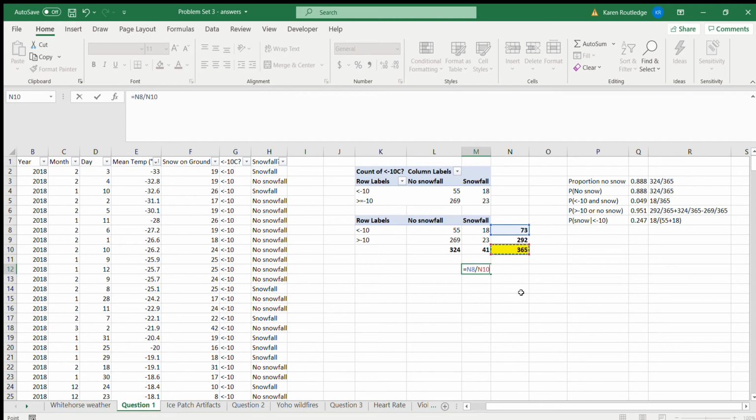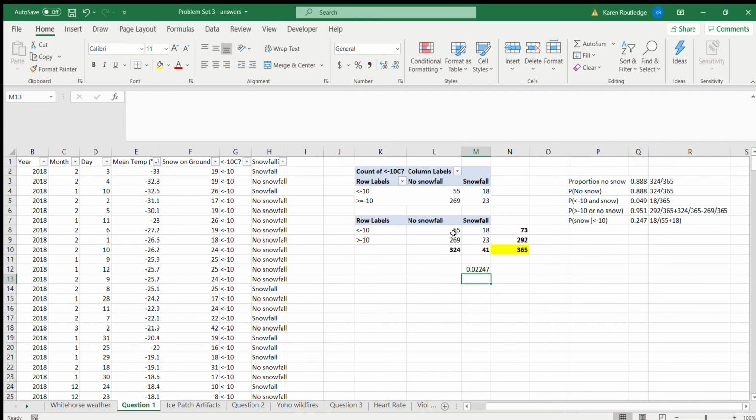The AND rule says we multiply, so let's multiply by the probability of snowfall, which is 41 divided by 365, and we get 2%. So the AND rule, assuming independence, which is what we kind of have to do here in the table, tells us it's 2%.